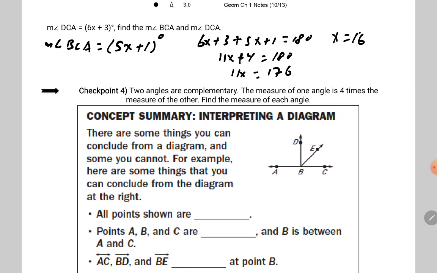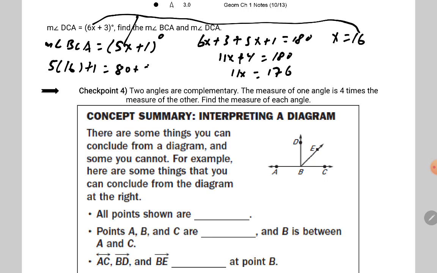We plug this back into our equation. So BCA, I'll do it over here, 5 times x, which is 16, plus 1. 5 times 16 is 80.